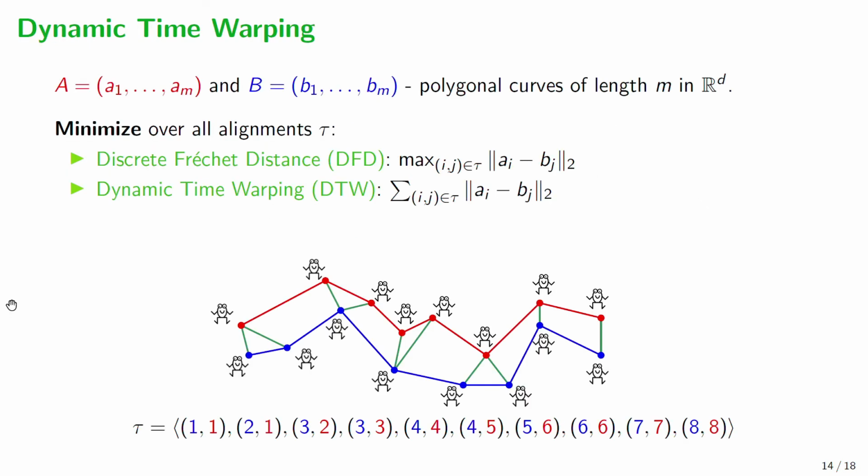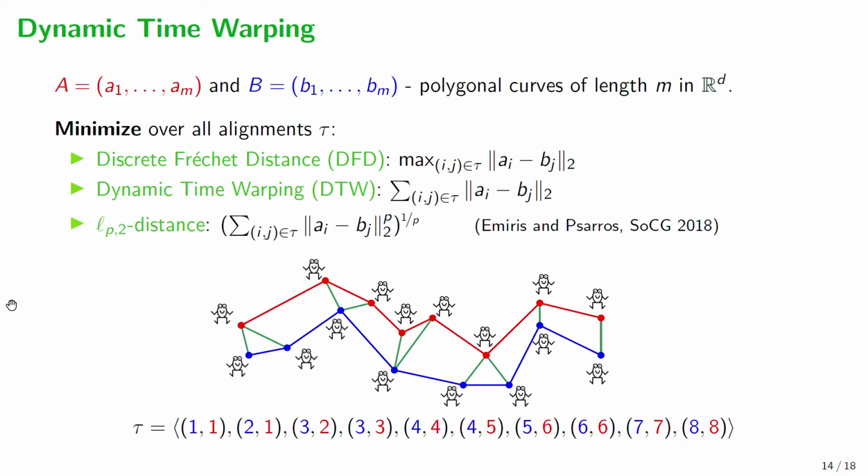Now let's consider dynamic time warping. Can we use the same approach here? Recall that for two polygonal curves, A and B of length m, the Fréchet distance is minimizing the maximum distance over all alignments. And the dynamic time warping is minimizing the sum of distances.